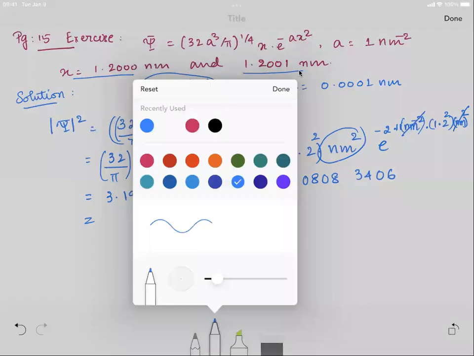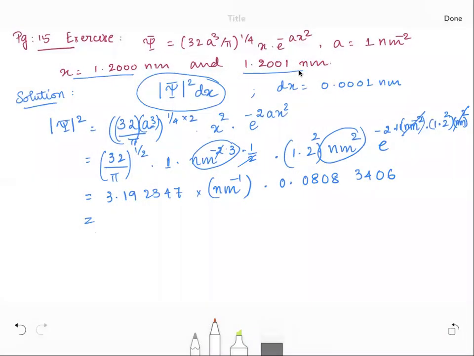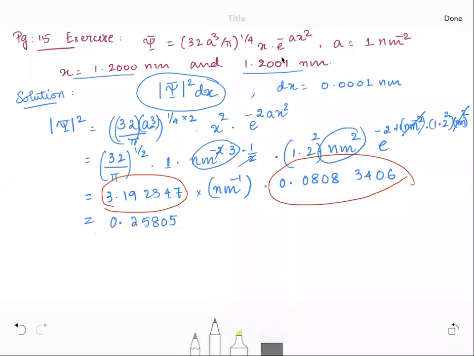Let me change the color. And this term and this term multiplied would give us this value, or just this. Now we need to multiply psi squared by dx, which is 0.0001 nanometers.